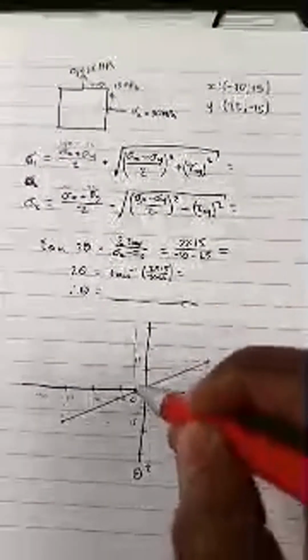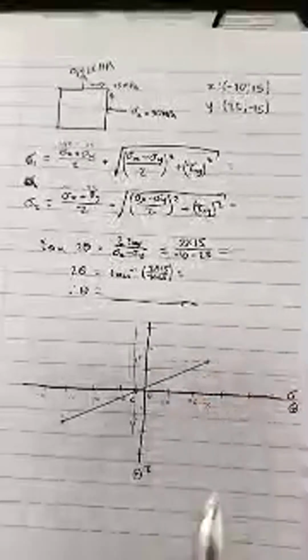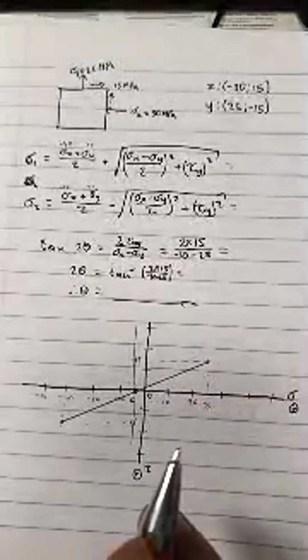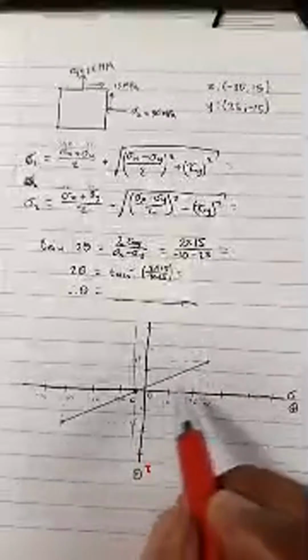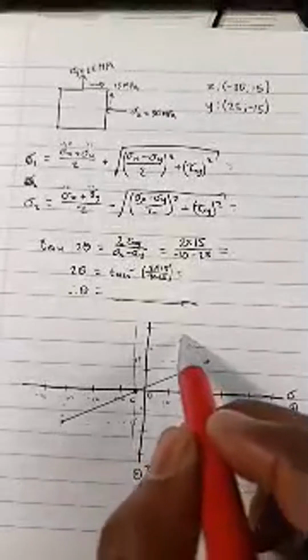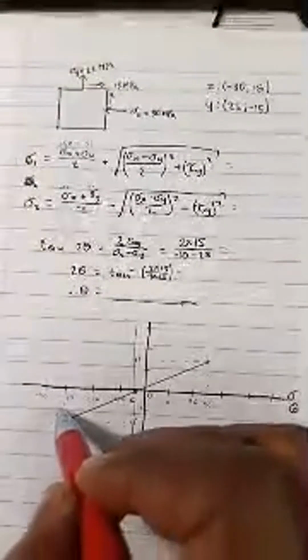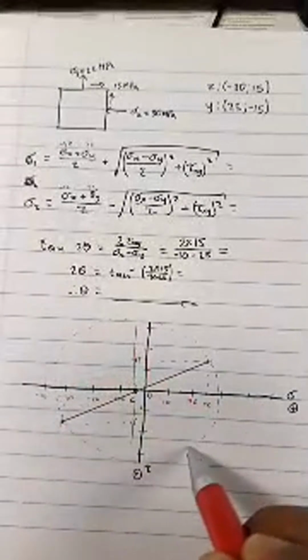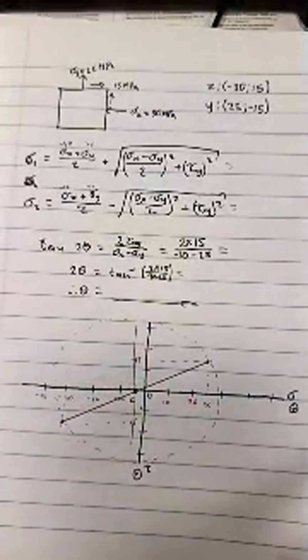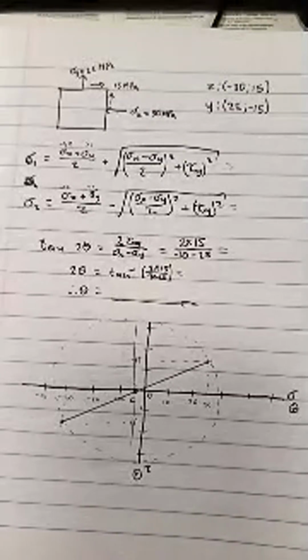Then this will be the maximum and the minimum shear stress. This line is for the maximum and minimum shear stress. Okay, so you will use your compass to actually construct the circle and draw it. Constructing a circle now. You will draw it the way you'll draw it, and then you'll get the values that you need to get.